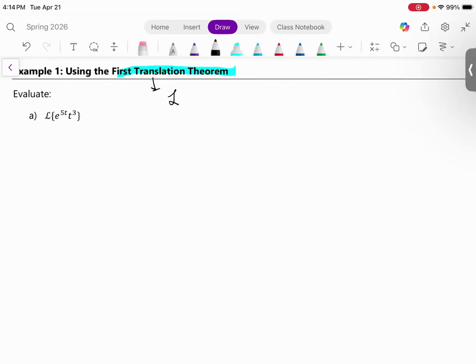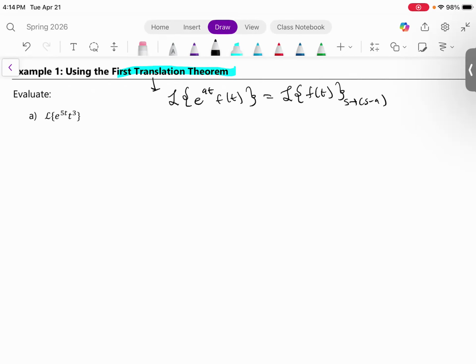It states the Laplace of e to the at, some exponential multiple times our function, is just the Laplace of that f of t, just a regular Laplace of that function, and we are translating and shifting s a units. So that's the first translation theorem.